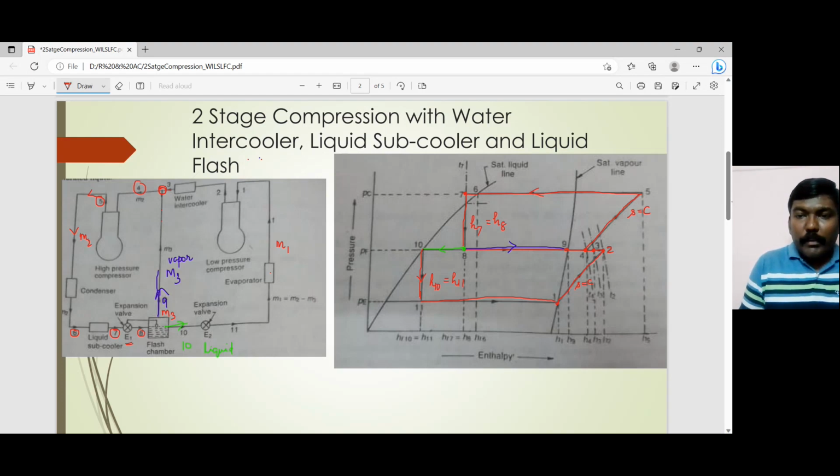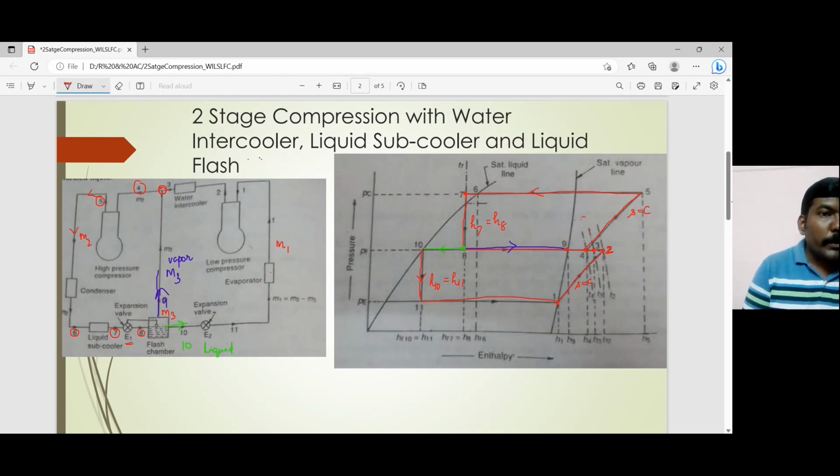Okay, and a few points which you can notice. When we solve the problem, this is your point number 1. You follow the constant entropy line till you reach 2 over here, and then they would specify the condition at 3, where you will have to look at the constant temperature line. This dotted line which they have shown you here is temperature T3.